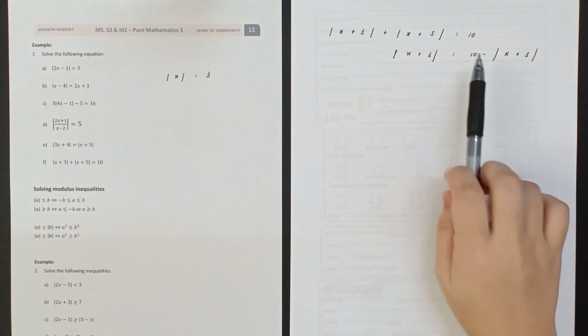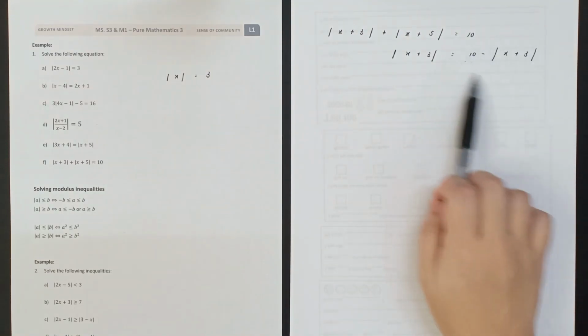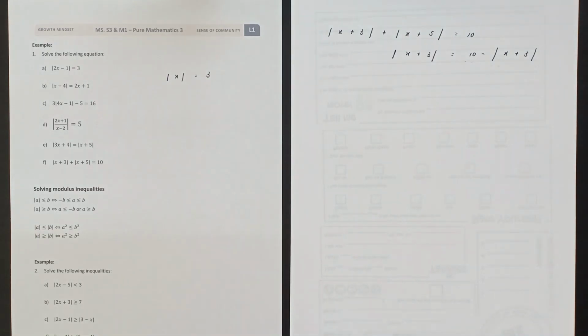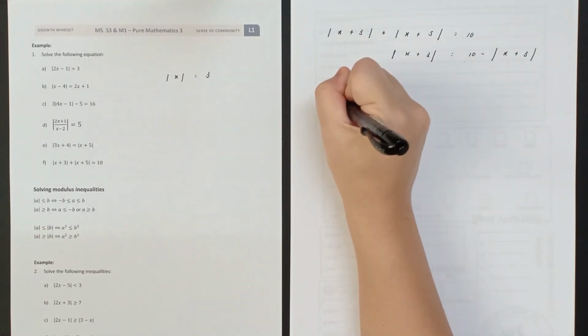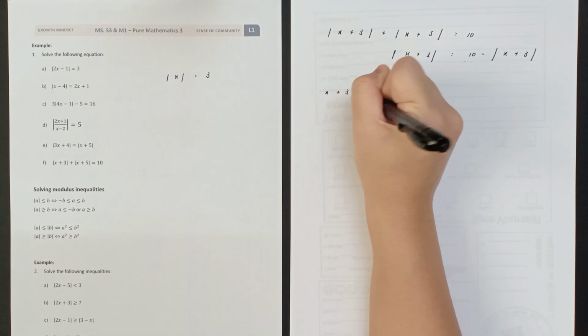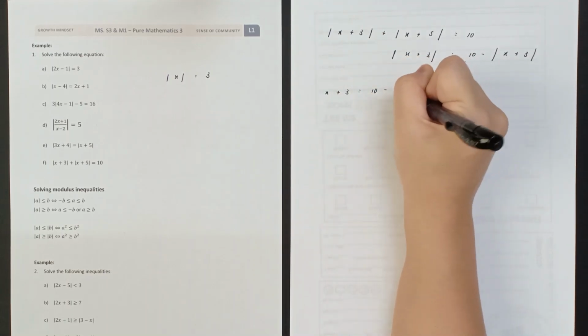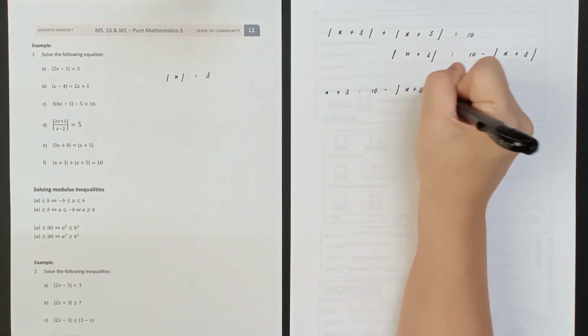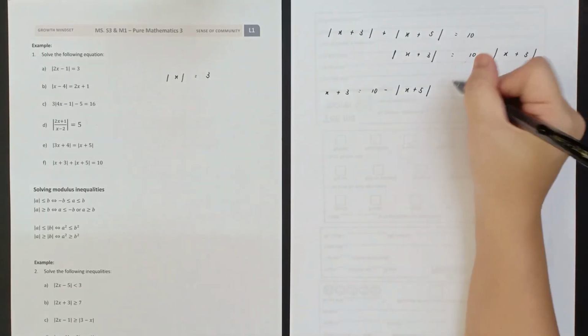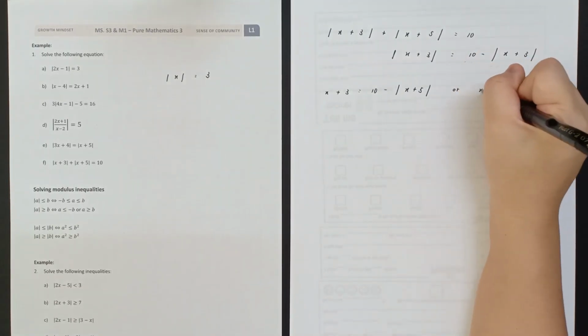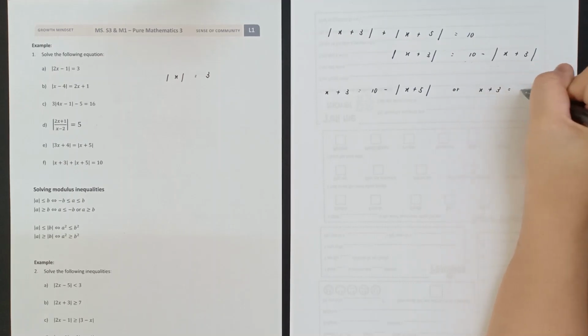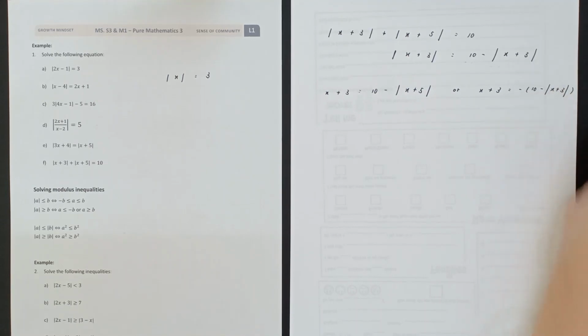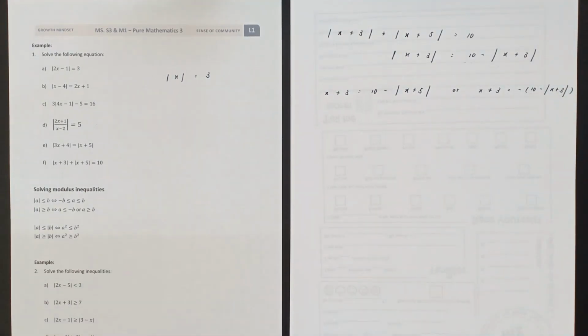So we assume this is the normal number, this is the modulus part. One part is x plus 3 equals 10 minus modulus of x plus 5. This is the positive one. The negative one, I have x plus 3 equals negative of 10 minus modulus of x plus 5. So I have one positive and one negative, and after that I continue.